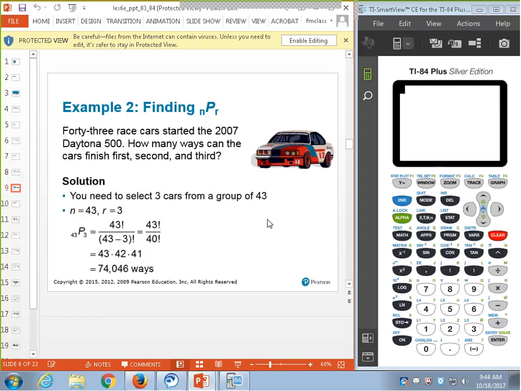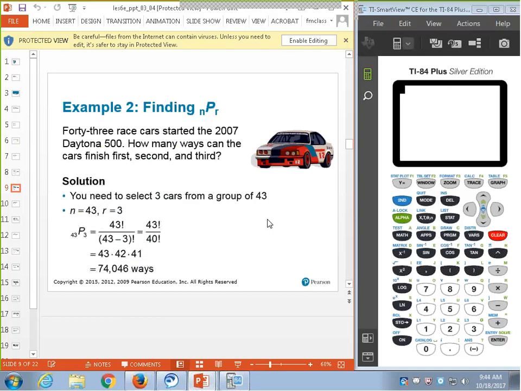Okay, another example. 43 race cars started in the 2007 Daytona 500. How many ways can the cars finish first, second, and third? Does order matter here? Is there a distinction between first, second, and third? Yeah, so order matters, right? So it's a permutation.